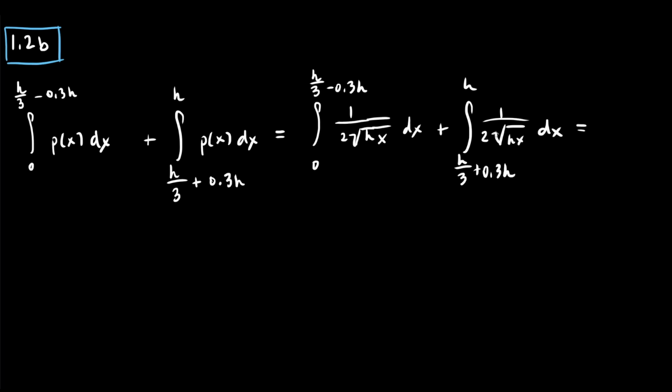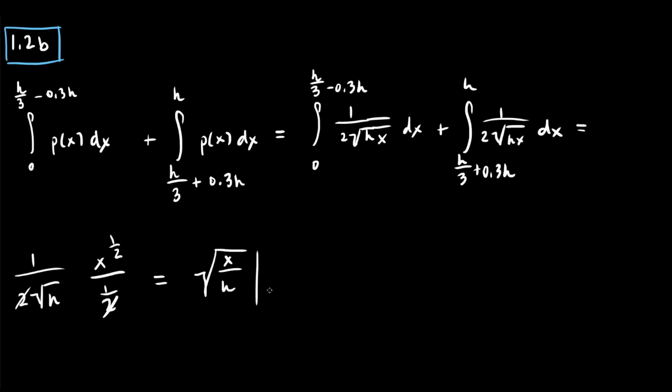And we know that the integral of both of these will come out to 2 square root of h times x to the 1/2, and the 1/2 on the bottom is because we have to bring x to the top, and it'll be x to the negative 1/2 on the top, and then we take the integral from there. These 2's will cancel. And then we eventually get the square root of x over h.